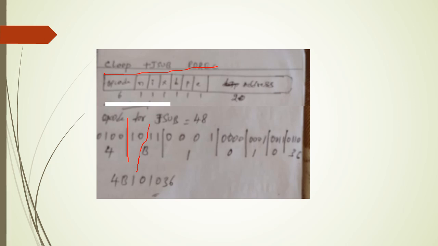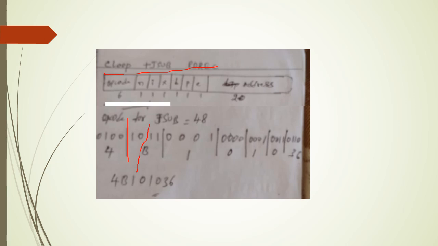Since here we are not calculating the displacement, because the address field itself is 20 bits, B and P are always 0. Then extended format, it is a format 4 instruction, therefore the E bit is set to 1. Then the address is the address of the operand RDREC, which is 1036. Since the address field is 20 bits, you have to append a 0 to the beginning, so the address becomes 01036.